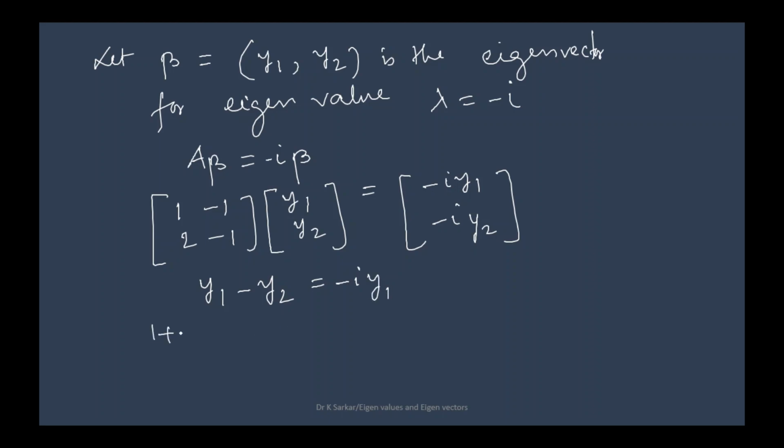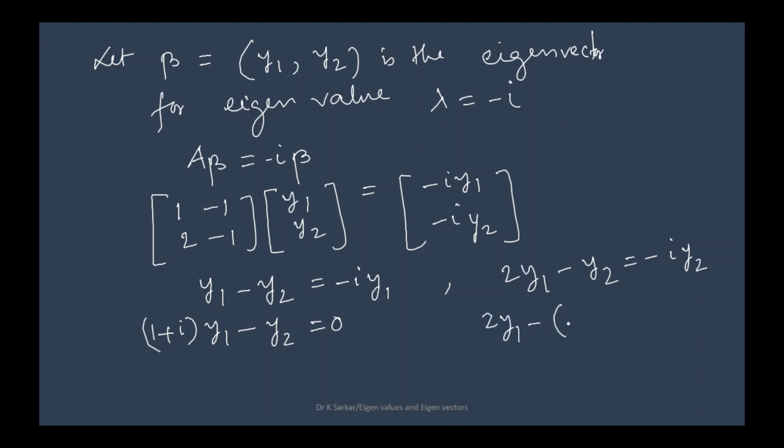So (1 plus i) y1 minus y2 equals 0. 2y1 minus y2 equals minus i y2. 2y1 minus (1 minus i) y2 equals 0. So (1 plus i) y1 minus y2 equals 0 and 2y1 minus (1 minus i) y2 equals 0.